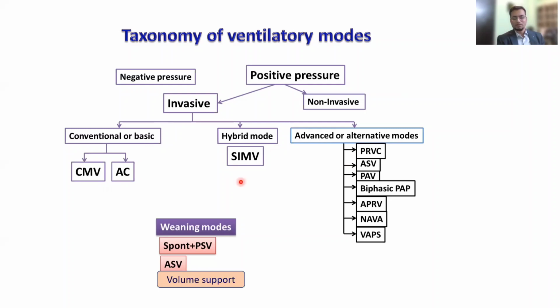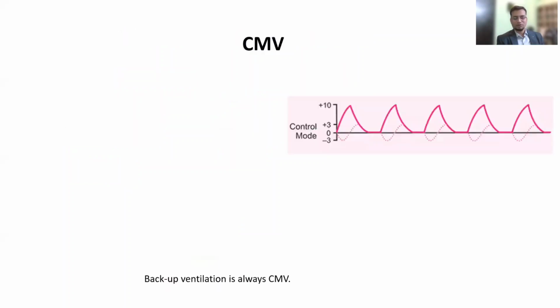This is called hybrid mode. Advanced modes include a lot of new generation modes like PRVC, ASV, PAV, APRV, VAPS, etc. And then there are some mini modes described, like ASV, volume support, and pressure support.